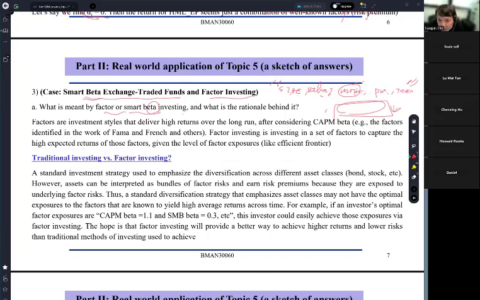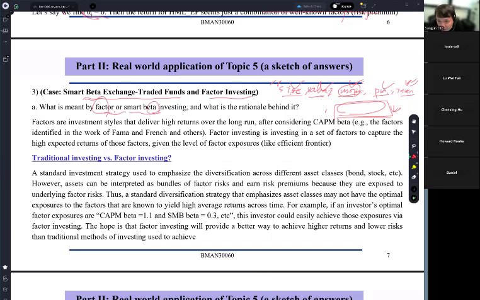In that sense, smart beta factor investing means you invest directly into these anomalies. You invest into the size anomaly, value anomaly, momentum anomaly, profitability anomaly, investment anomaly, or a group of other anomalies. We invest into the factor itself, so it's called factor investing. What about smart beta? This becomes beta now, right?